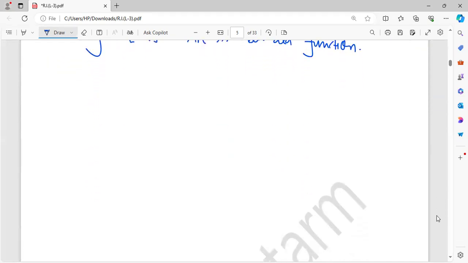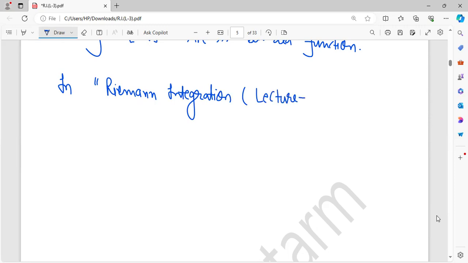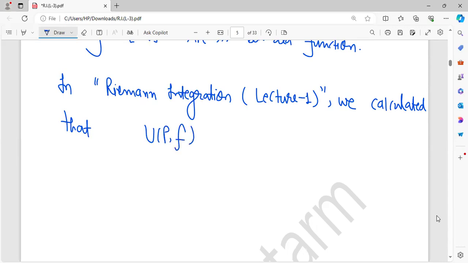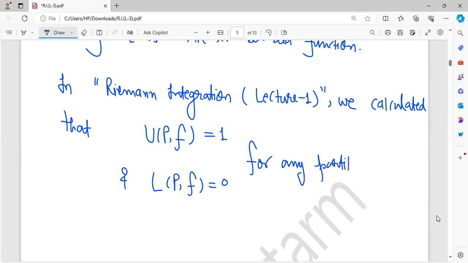In lecture number 1, in Riemann integration, we calculated that U(P, f) is nothing but 1 and L(P, f) is nothing but 0 for any partition P of the closed interval [a, b].